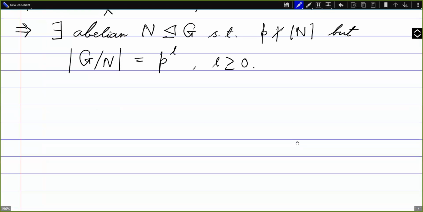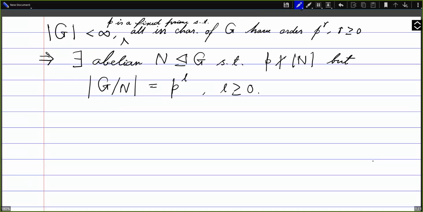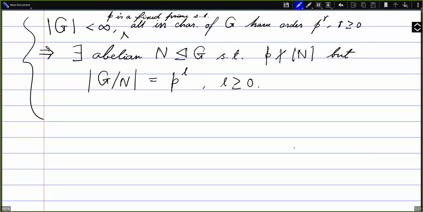Okay, so again, let me repeat the statement. If we have a prime p such that all irreducible characters of G have, here it should be dimension, some power of p.